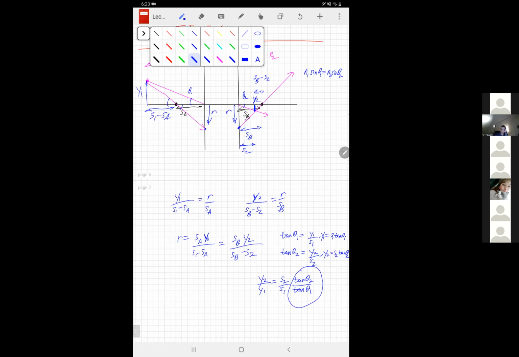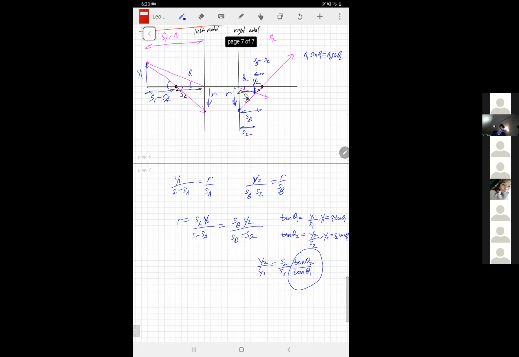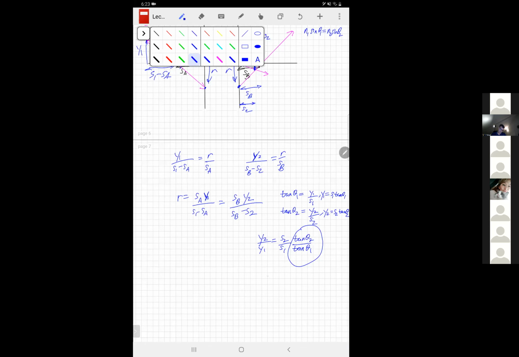Could we apply approximations? Yep, we're doing paraxial optics here. So if we're doing paraxial optics, what do we get to assume? That if the angles are small, then the tangent of theta 2 is just the angle itself, and it's also equal to sine theta 2.